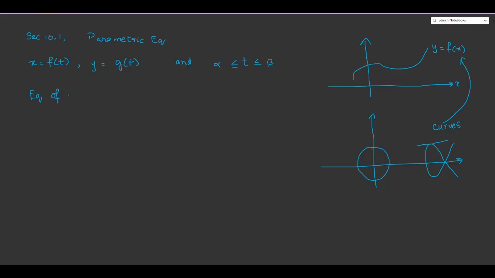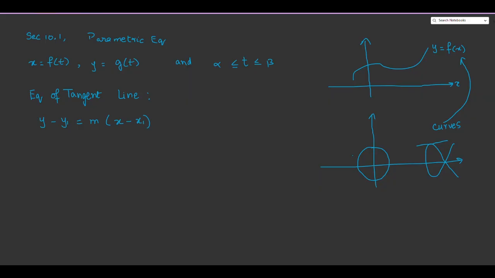We want to find the equation of a tangent line to a parametric equation. For example, how do we find the equation of a tangent line? The equation of tangent line is given by y minus y1 equals m into x minus x1.